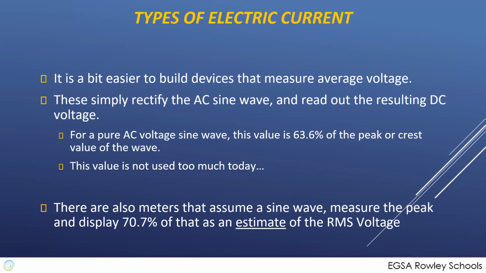And for a pure sine wave still, that average value is 63.6% of the peak instead of 70.7, which means you are reading a significantly different voltage, and that can screw up everything that you're hooking in through the rest of the system.